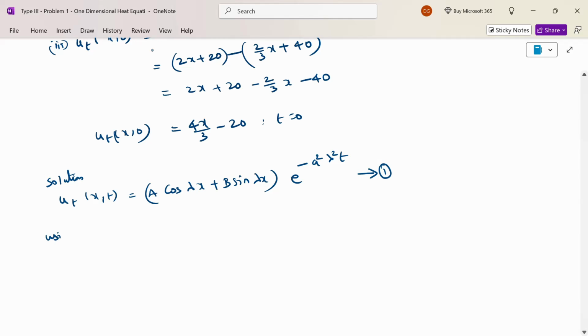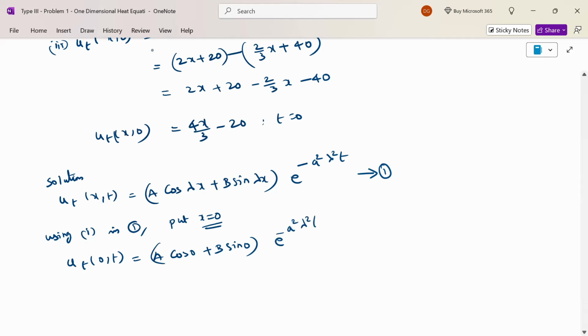Now using condition 1 in equation 1. What is condition 1? x equal to 0. When I substitute x equal to 0, u_t of 0 comma t equals (A cos 0 plus B sin 0) e power minus a square lambda square t.